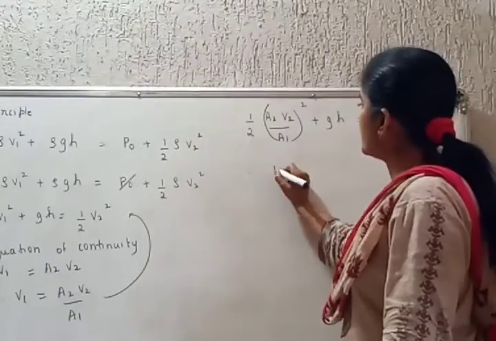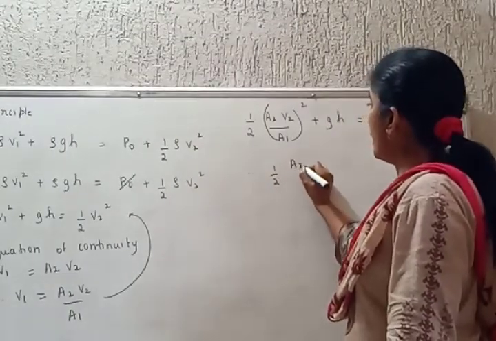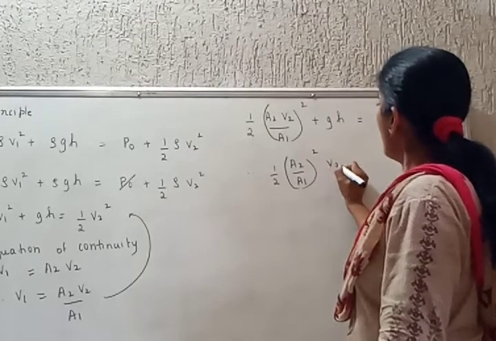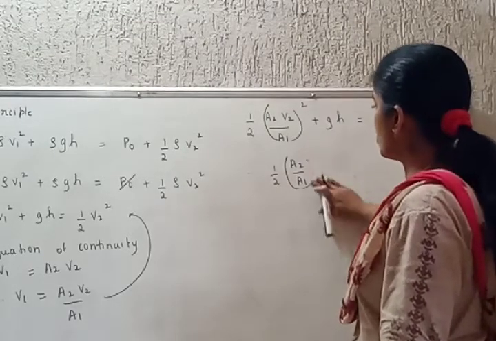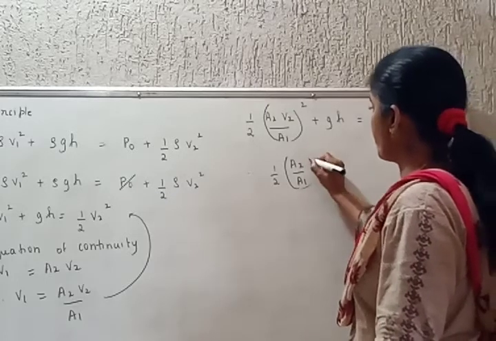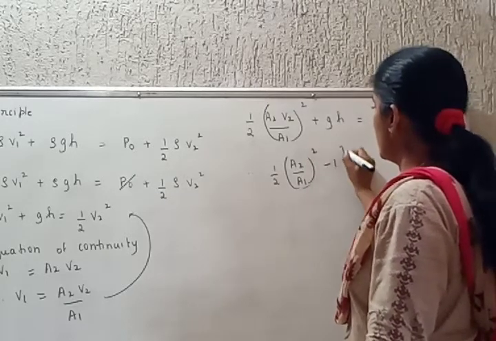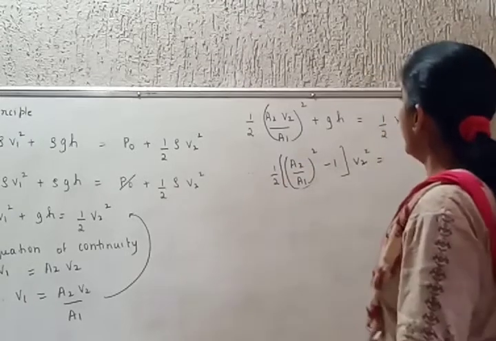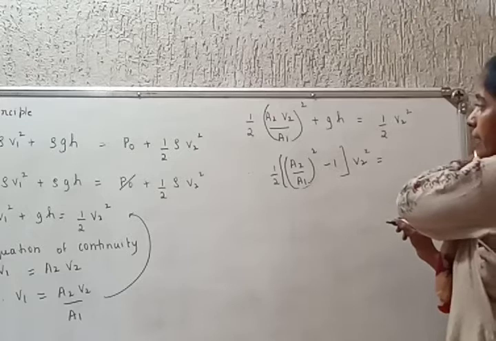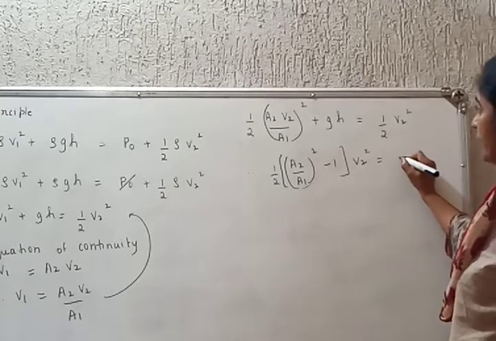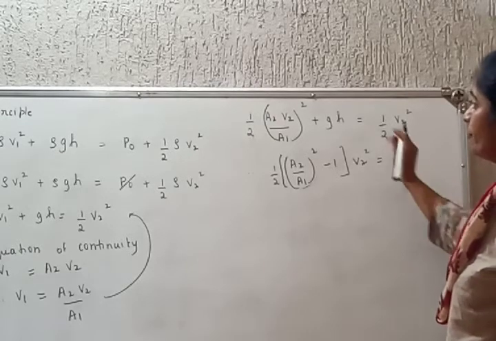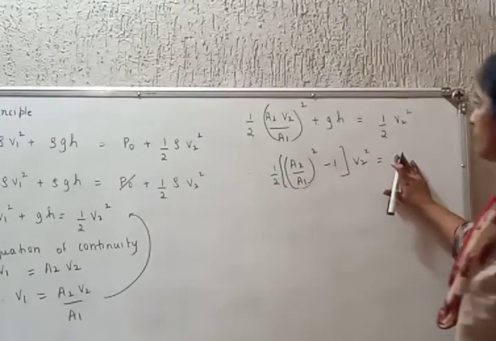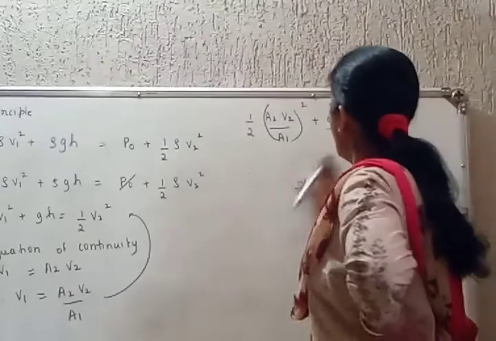We can take it like this: half (A2 upon A1) square V2 square minus half V2 square. See if you can follow this step. Into V2 square is equal to what? This is how it comes out.